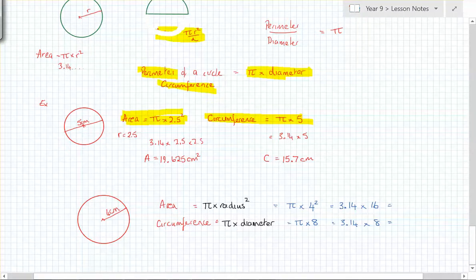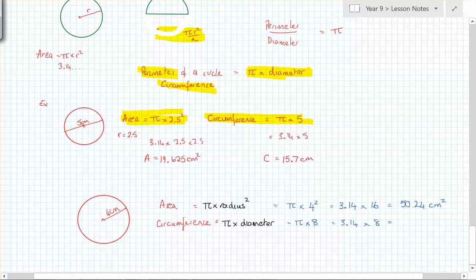So first of all, I found the area, which is the space taken up. So it's pi times the radius squared. So I've done pi times 4 squared. That will give me the area, which is 50.24 centimetres squared. Now the perimeter, also known as the circumference, is found by doing pi times the diameter this time.